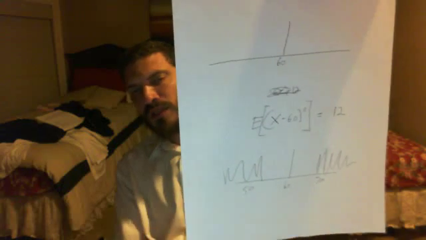If you do that, it's impossible that this equation should be true, that E of (x minus 60) squared should be 12. It will be at least 50. Because imagine we have 50% just exactly 10 units away. 10 squared is 100, and 50% of that is just 50. So how can we handle that? It's a catastrophe.